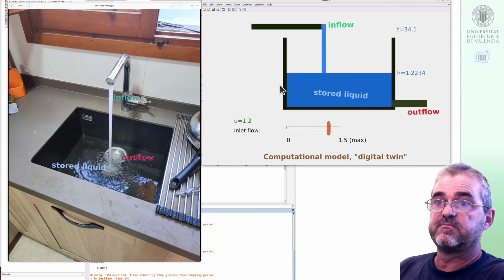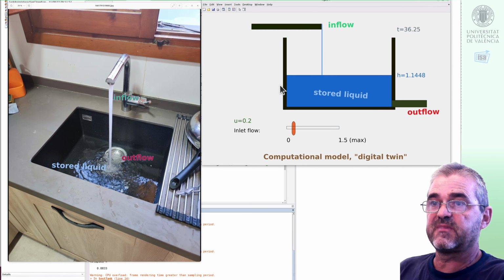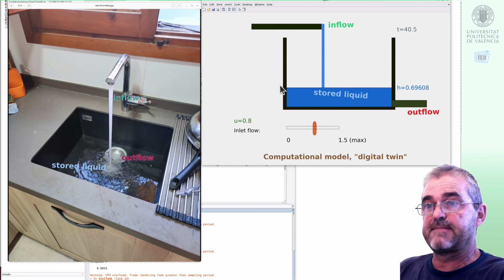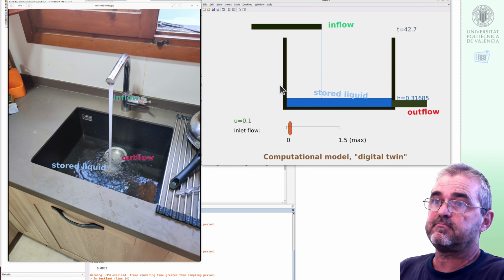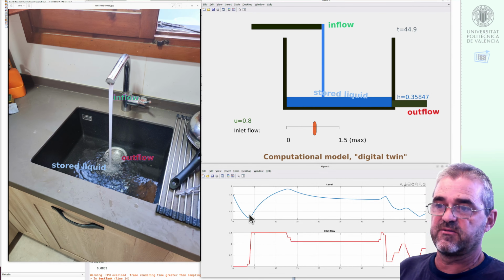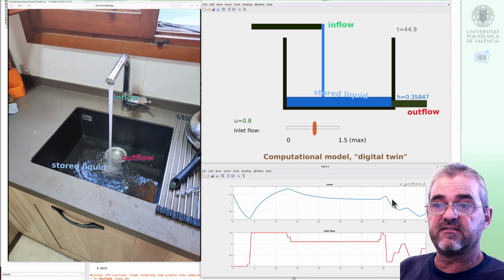So this kind of behavior is intuitively understood by most of us. That common sense explains this evolution of level in time as I change the inlet flow at will.